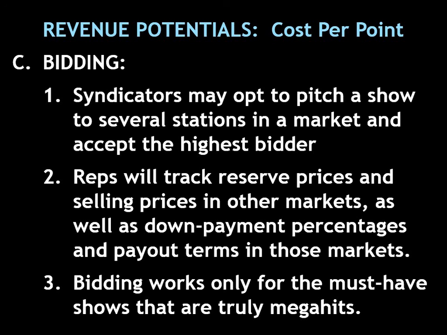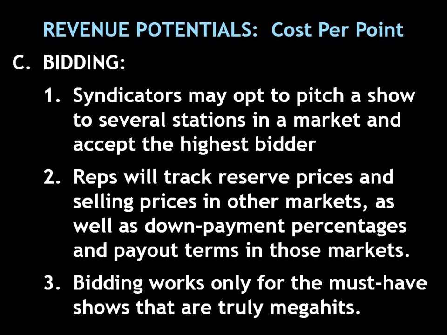And then bidding. Syndicators may opt to pitch a show to several stations in a market and accept the highest bidder. Reps will track reserve prices and selling prices in other markets, as well as down payment percentages and payout terms in those markets. And bidding works only for the must-have shows that are truly mega hits.